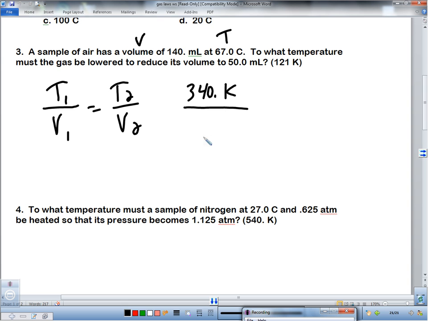What is my original volume, Kayla? 140 milliliters. All right. What is my new temperature that this sample of air is going to, Quinn?